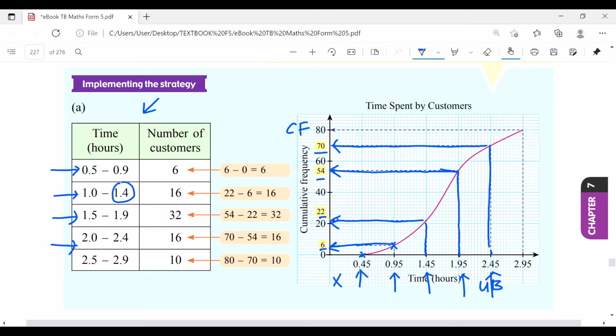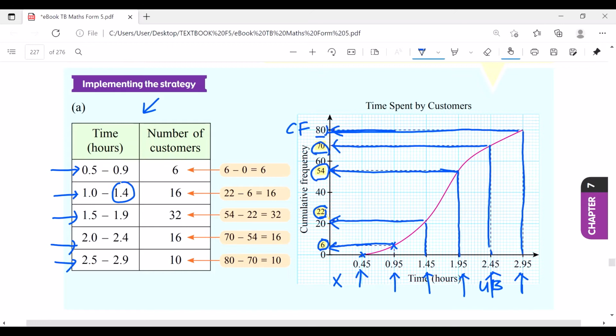Okay, and then the last class will be this one, 2.95. Go up and then go to the left here. 80. Okay, all these are the cumulative frequency.